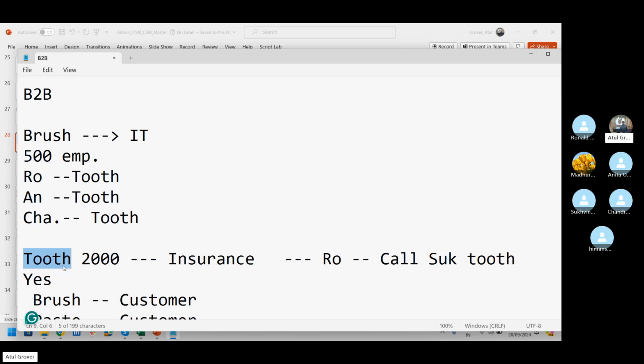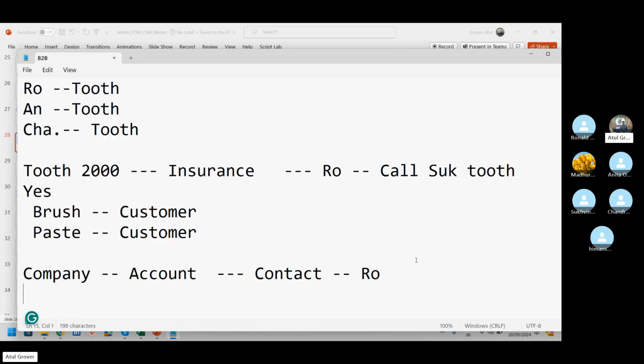This is the first fundamental. So now, don't think that I am a service taker, I am a service provider. Now let's say that I am the tooth company. If I have to onboard the brush company and the paste company, then I need these details from them.